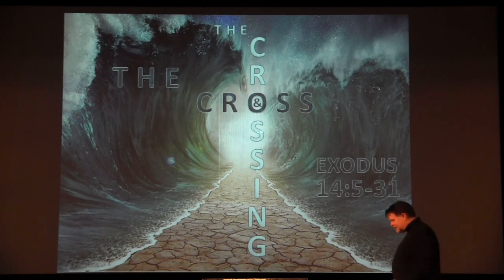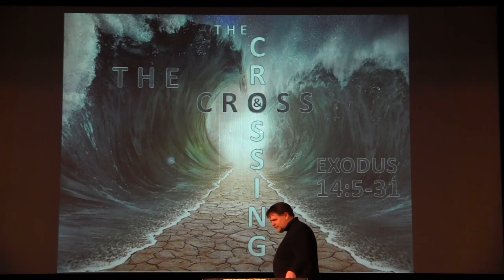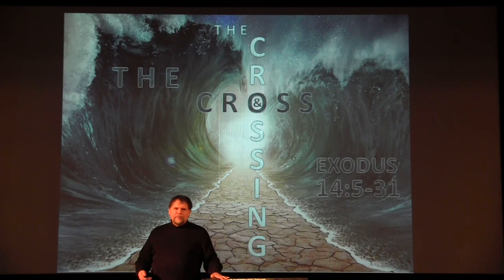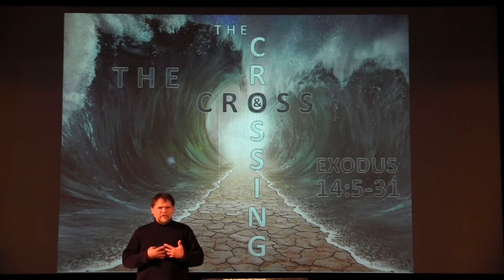So it's supposed to indicate that what we're going to be doing this morning is identifying how the Bible joins these two events in such a way that gives us greater clarity into what Jesus did on the cross.